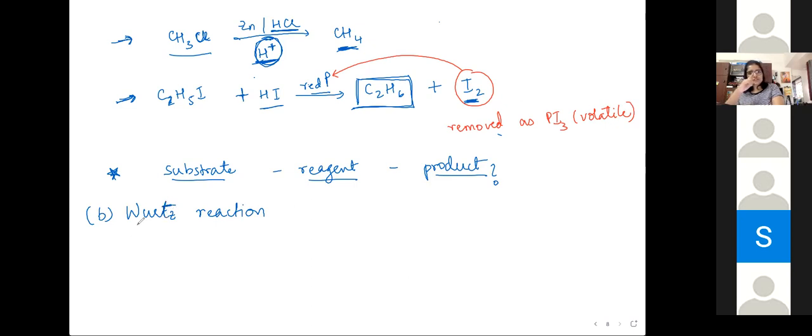Pay special attention to named reactions. We'll have quite a few of those in the whole of organic chemistry. Especially Wurtz reaction, we'll come across this in grade 12 also. Here we're studying it as preparation of alkanes. There you'll study it as a chemical property of alkyl halide. Same thing. So that's why.